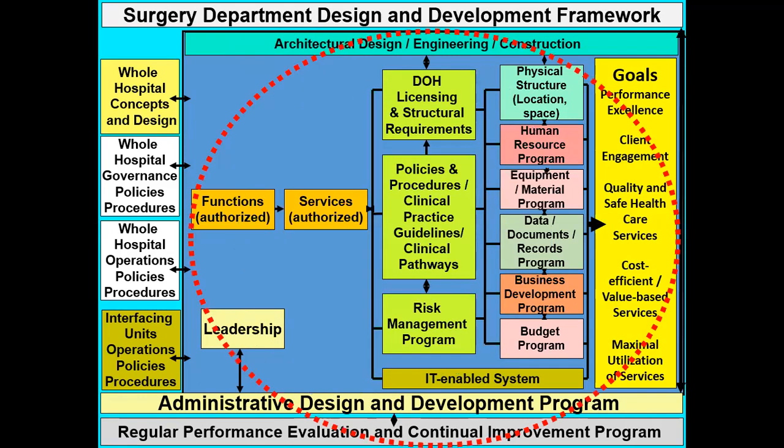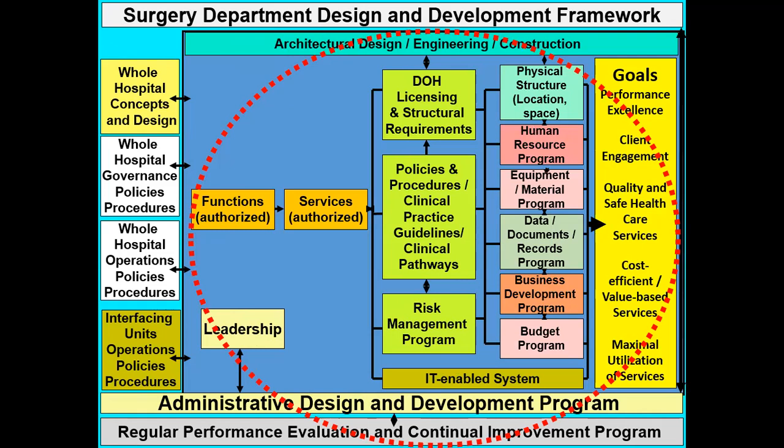Using the framework, this slide shows the essential and basic components of a department of surgery, which must be present to facilitate accomplishment of the authorized functions and services and achievements of its goals.